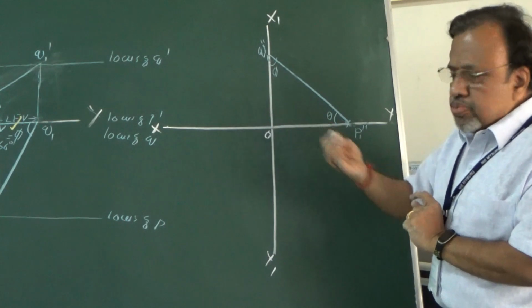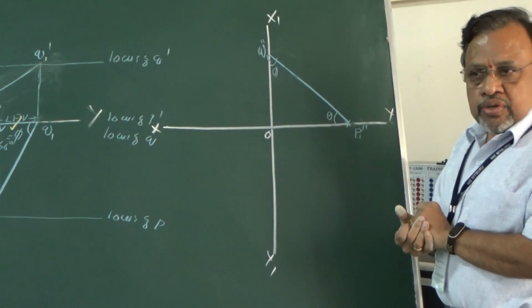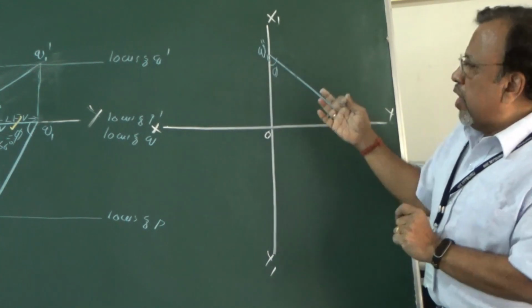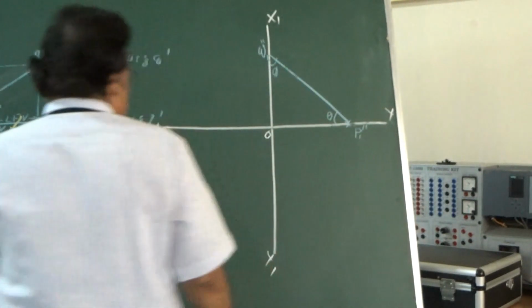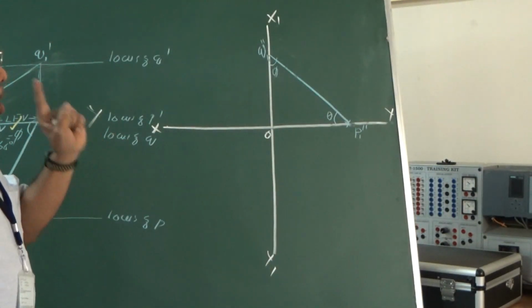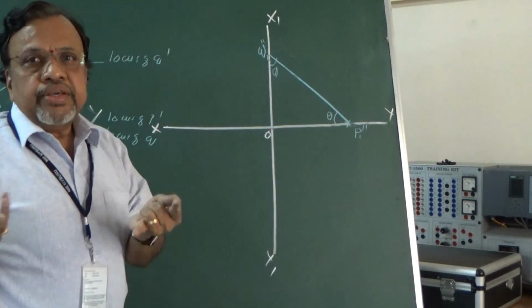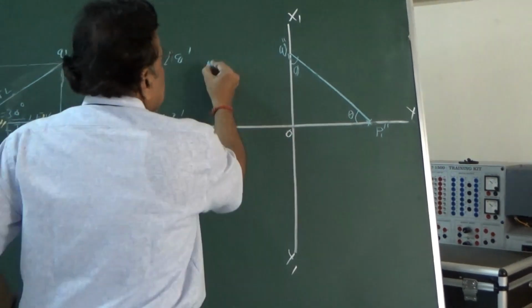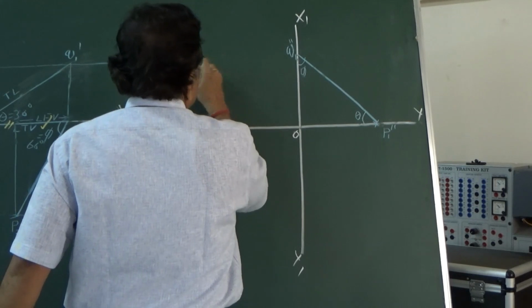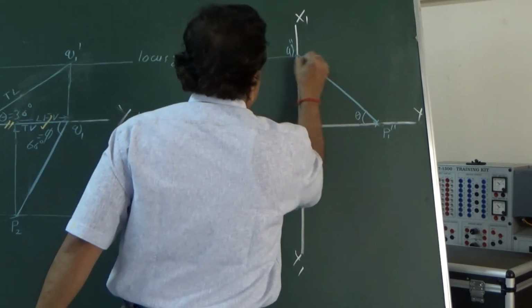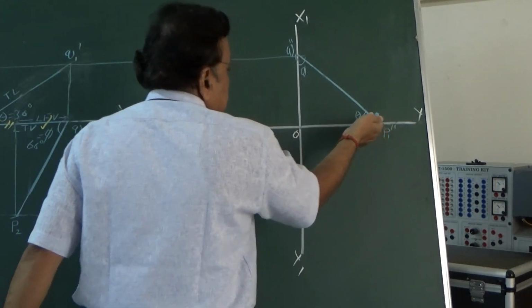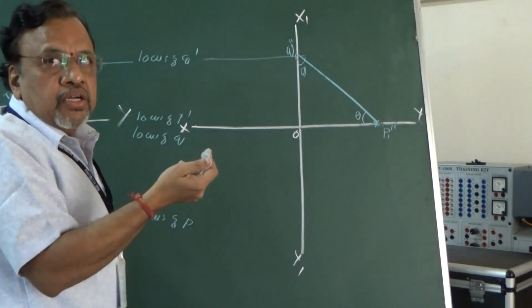Now I need to draw the corresponding top view as well as front view. Let us first draw the front view. Always remember that front view and side view are in line with each other. So I will draw a projector through this. P1 dash is here, so P dash should be on the XY line.